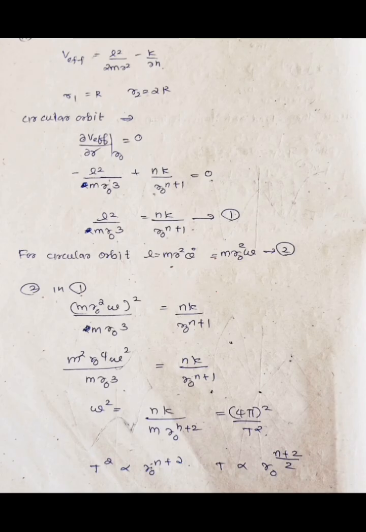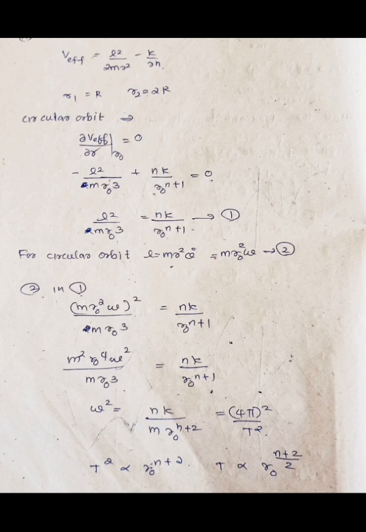This is equation number 2. Substituting the value of 2 in 1, we get (m r0 square omega) the whole square divided by m r0 cube is equal to nk by r0 raised to n plus 1. That is m square r0 raised to 4 omega square by m r0 cube is equal to nk by r0 raised to n plus 1. That is omega square is equal to nk by m r0 raised to n plus 2.